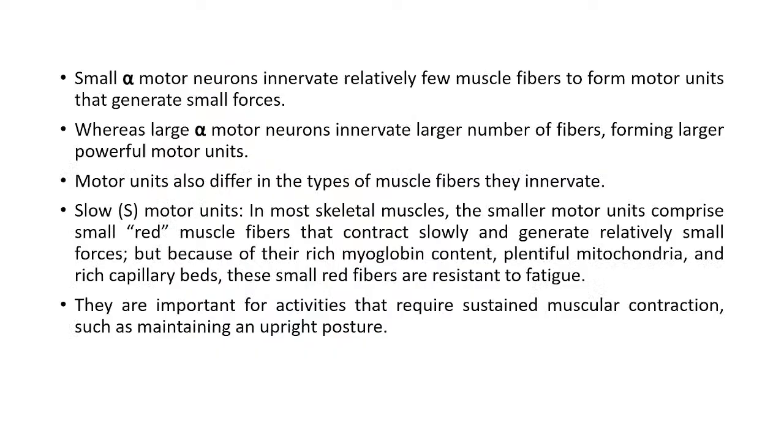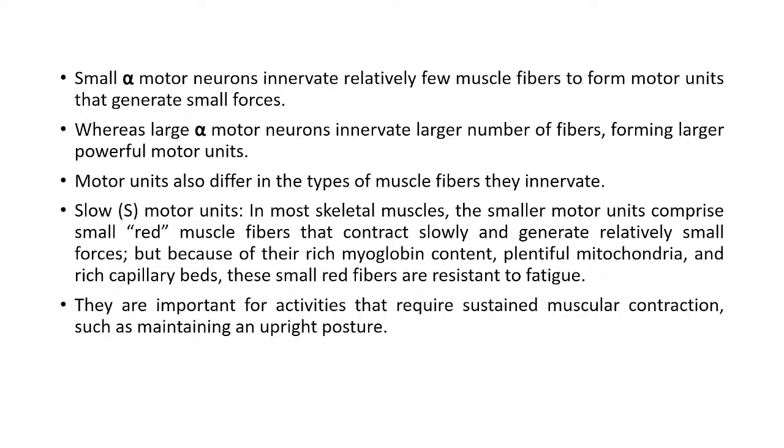So depending on the motor unit, we have seen smaller motor units, we have seen larger motor units. Similarly, we have small alpha motor neurons which are innervating relatively few muscle fibers to generate a smaller degree of force. Larger motor units naturally are generating a large amount of force. These motor units, or the muscle fibers present in them, also differ to generate differing degrees of force.